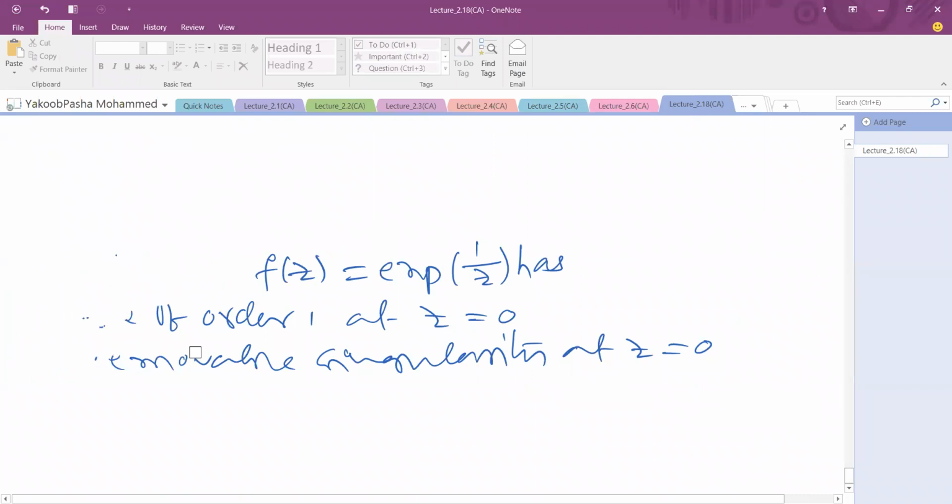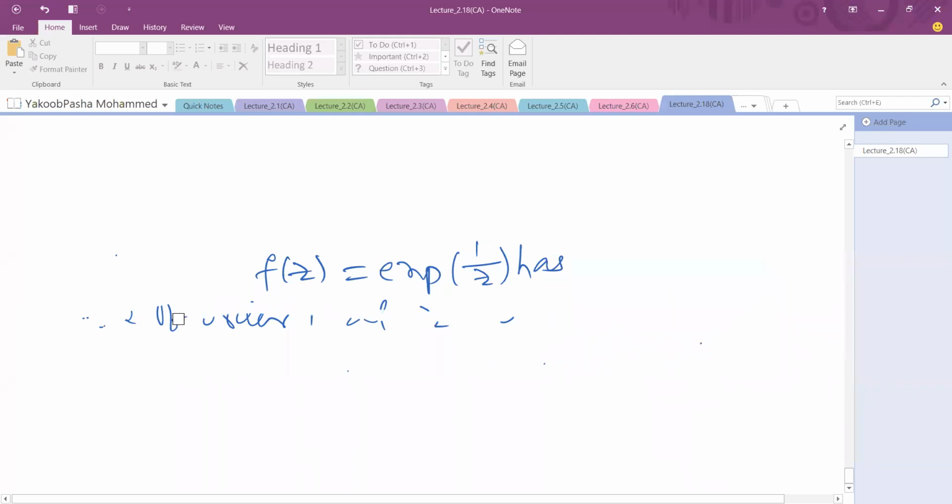It has infinitely many terms in the principal part. That's why z equal to 0 is an essential singularity of the function f of z is equal to e to the power of 1 by z. E to the power of 1 by z is nothing but exponential of 1 by z. Okay. Now I'm taking another problem.